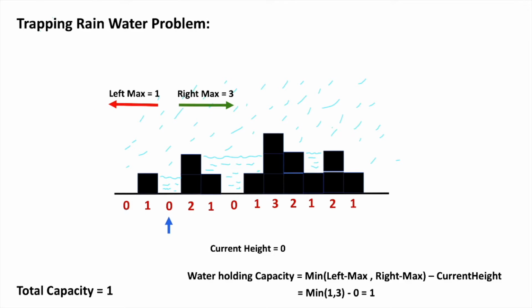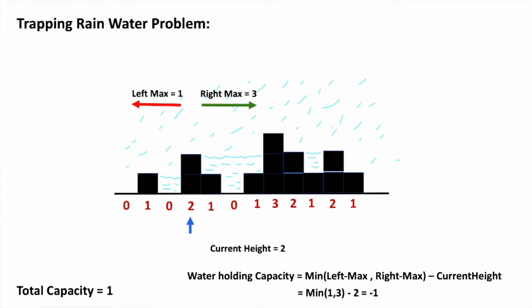So here for the third block, you can see that the left max and the right max of this block are 1 and 3, and thus we are finding the minimum of both of them, that is 1, and then we are subtracting the current height of the block, that is 0. So the final water holding capacity of this block becomes 1, and thus we are adding that to our total capacity.